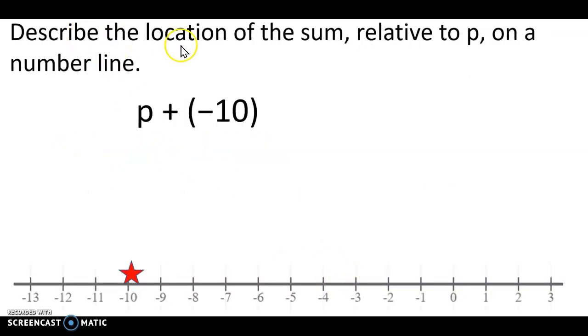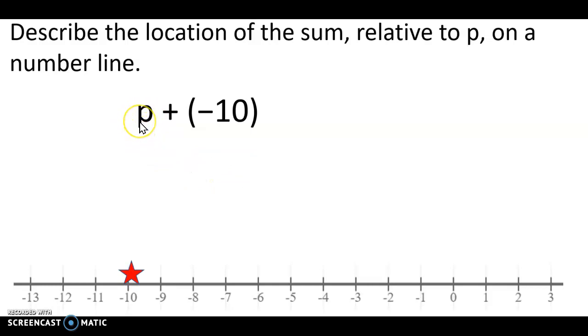All right, describe the location of the sum relative to p on a number line. So we have p plus negative 10. So here's negative 10 right here. Where would your answer be on the number line according to p?